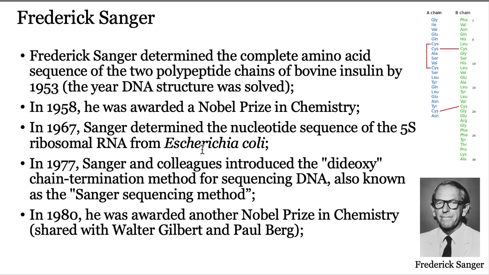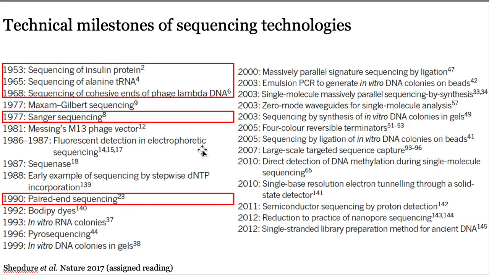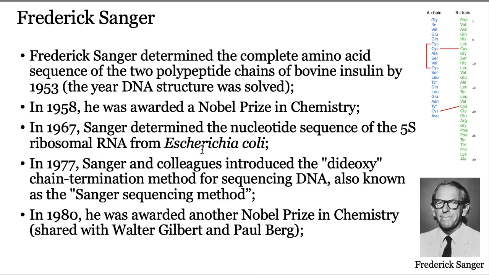In 1967, he determined the sequence of ribosomal RNA from E. coli. The first sequencing of RNA happened in 1965, so Sanger was only 2 years after that. He is really a pioneer also in RNA sequencing.